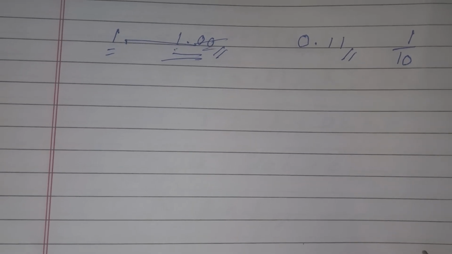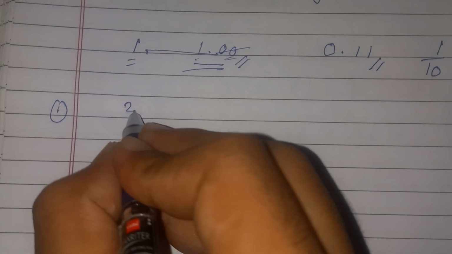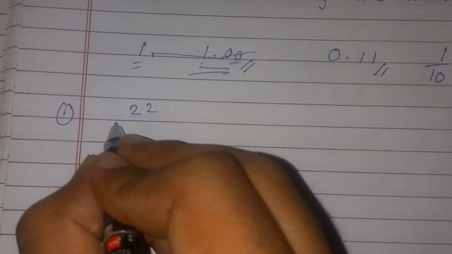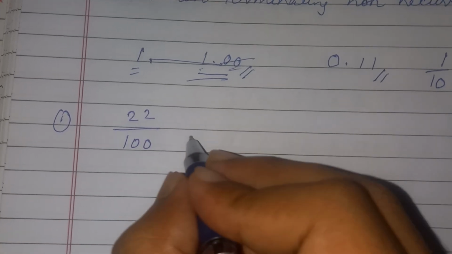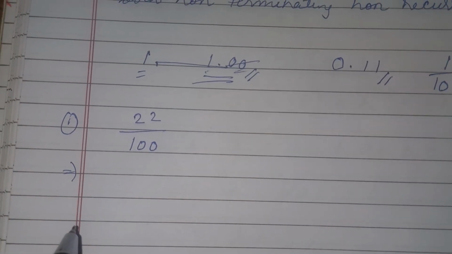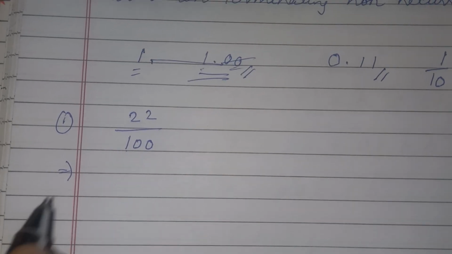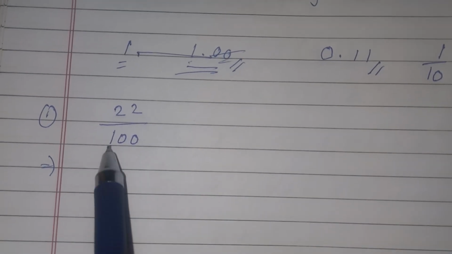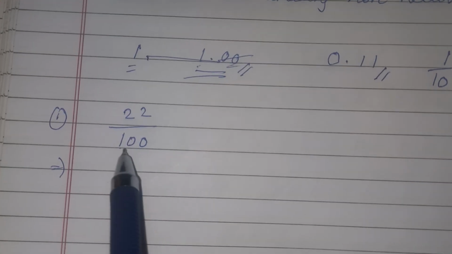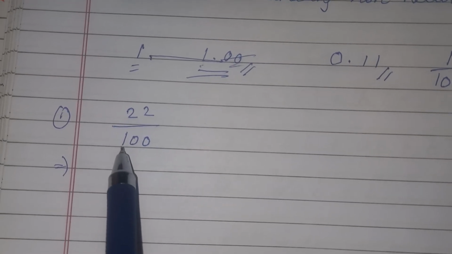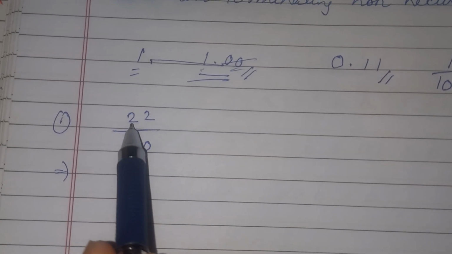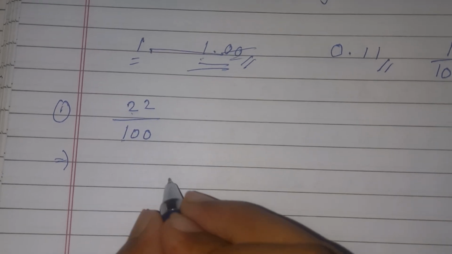So here, first let's see how to convert a fraction into a decimal. Let's take an example, 22 divided by 100. In order to convert this into decimal, first we have to consider the number as a place for the point. This is just a trick. So we first write the number above.